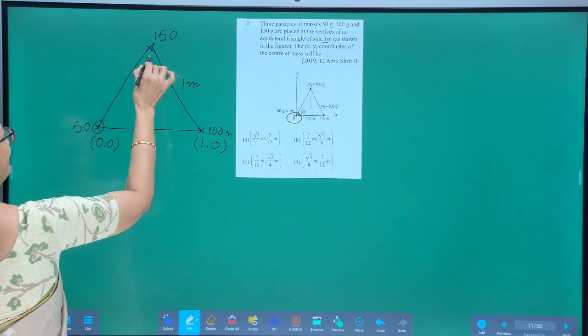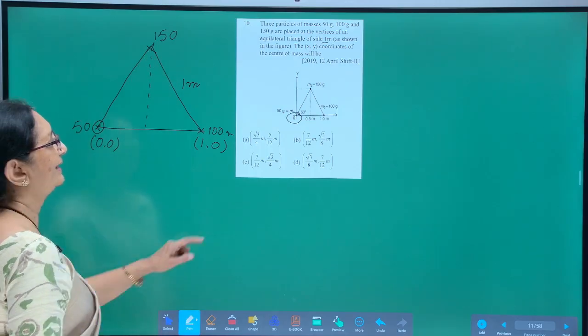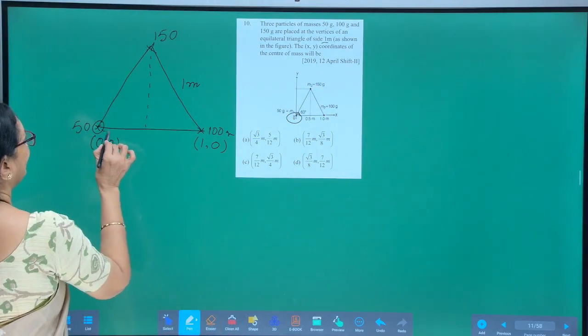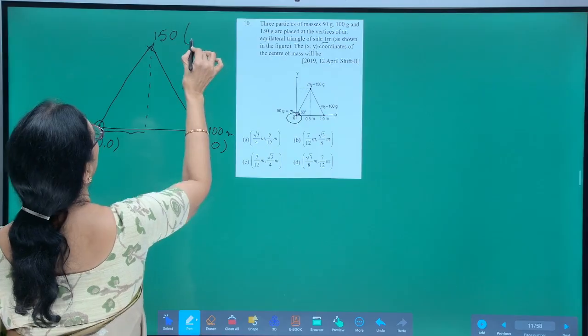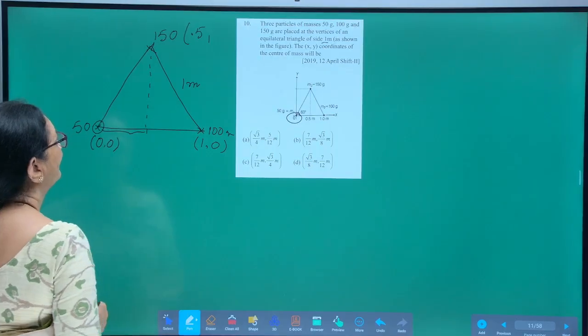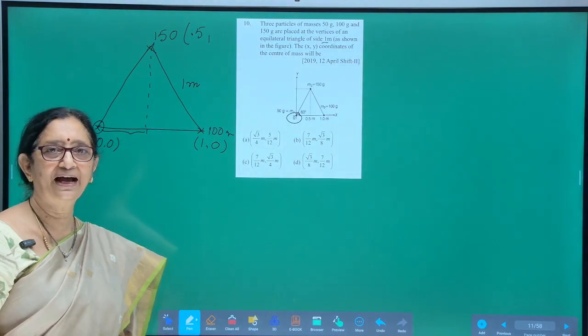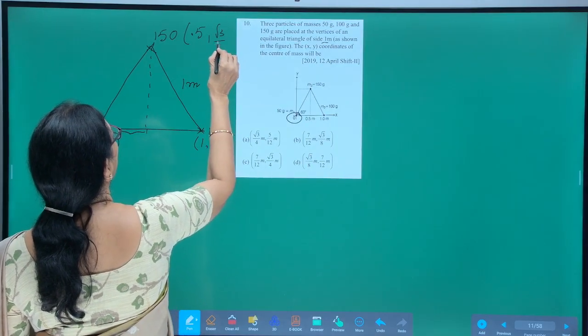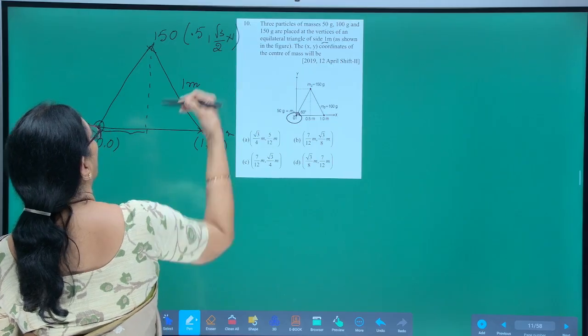You have to be very careful while writing the coordinates of this. So, its x coordinate is half the side, that is 0.5. Y coordinate is the height of an equilateral triangle, root 3 a by 2, that is root 3 by 2, a is 1 meter.